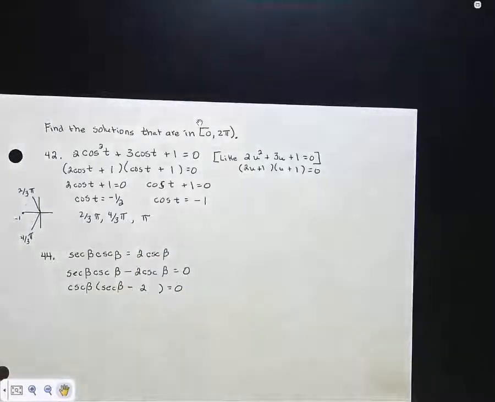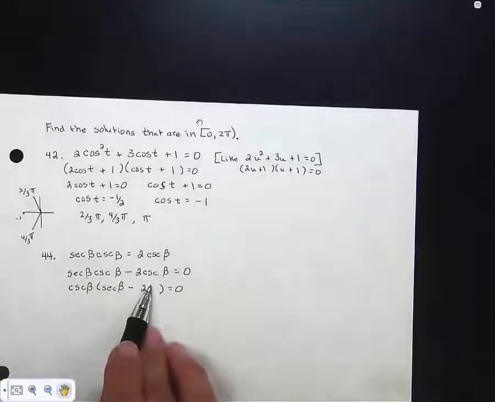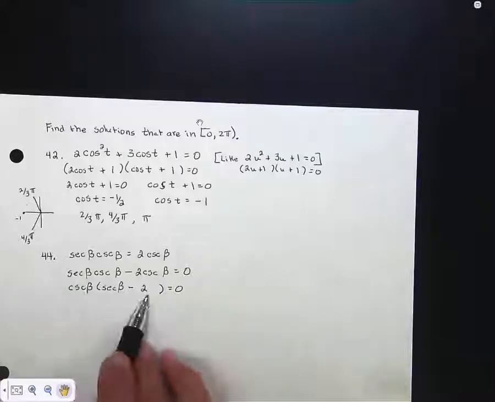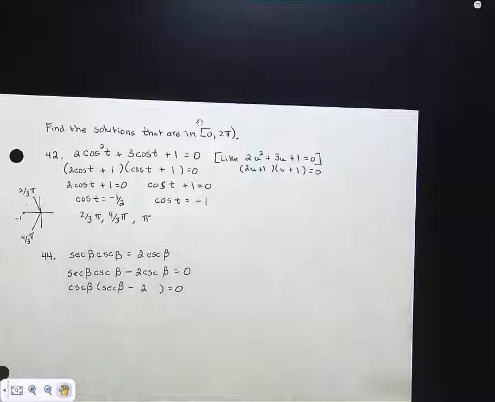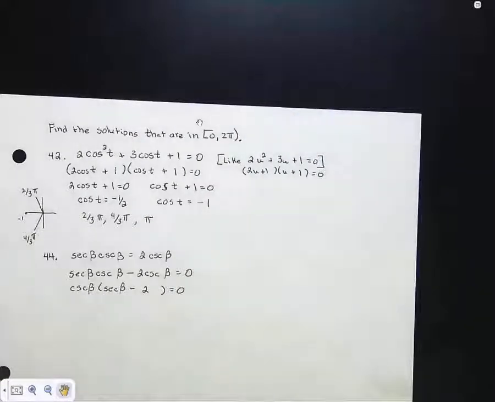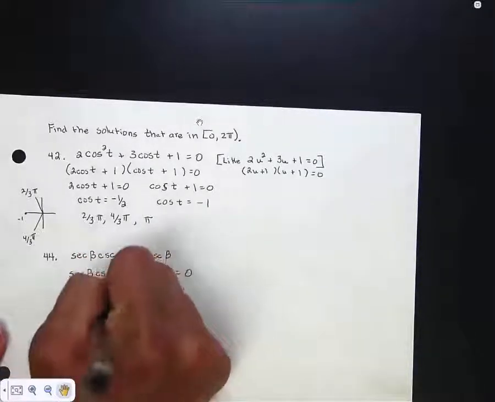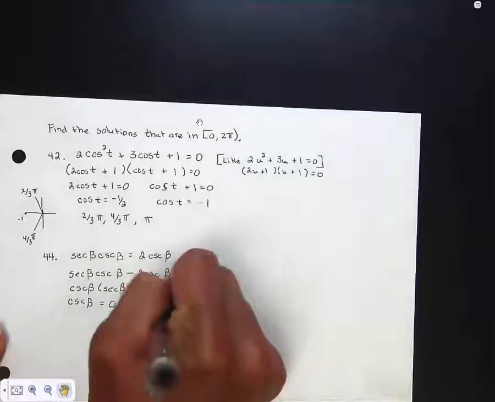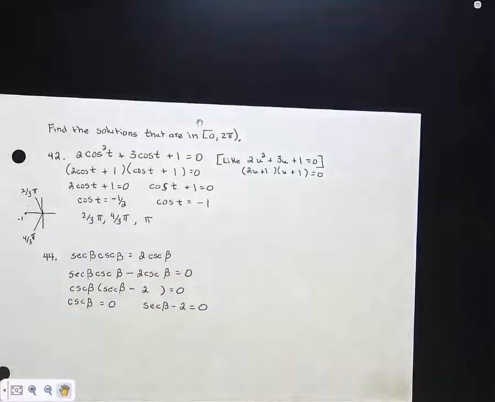And if we're stopping every step of the way to make sure each line is equivalent to the line above it, I can distribute that cosecant beta and see that indeed it is equivalent to the line above it. I have two factors multiplied together to give me 0. So one of the two factors has to be 0. Those are the two equations that I'm solving.